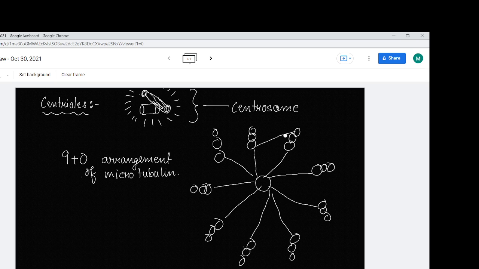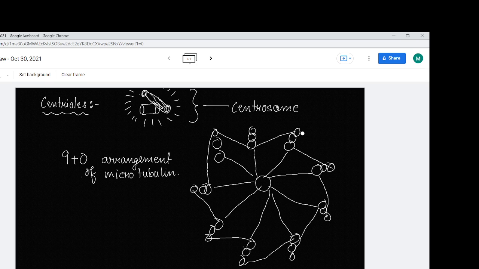There will be a long arm which will arise from the alpha, and it will attach to the gamma of the adjacent tubulin. It will happen with all of them, alpha and gamma are going to connect. So this is how the centriole will look.